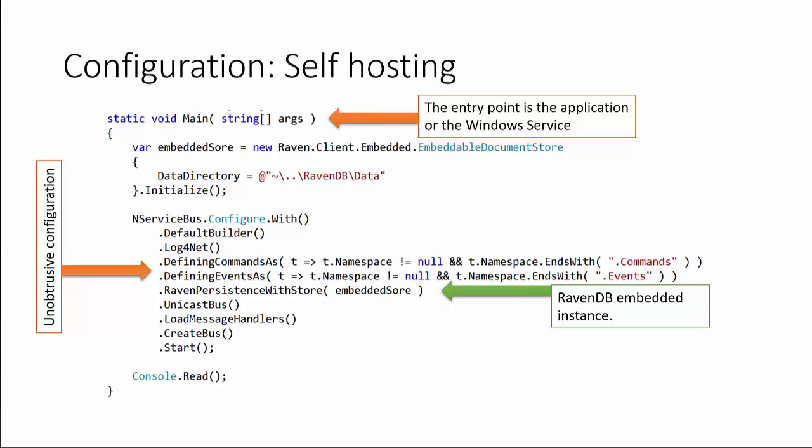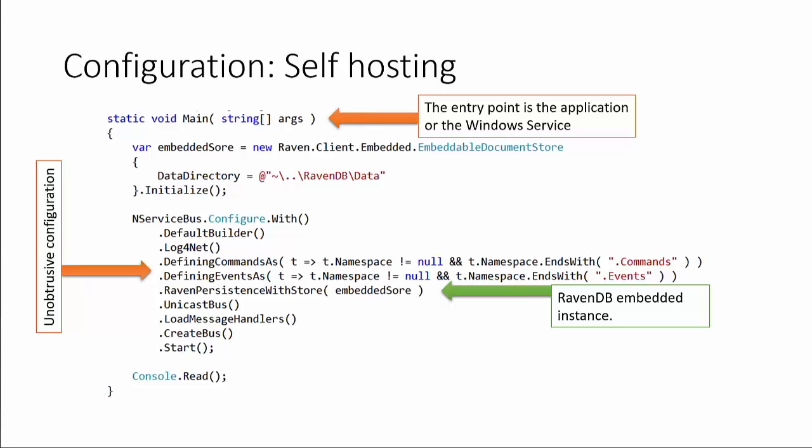So we are calling the Configure.With method that under the hood scans all the assemblies within our bin directory, looking for types interesting for NServiceBus. We are configuring NServiceBus to use the default builder, the internal default inversion of control container that currently is out of whack. And then we are telling NServiceBus to use Log4net as a logging framework.